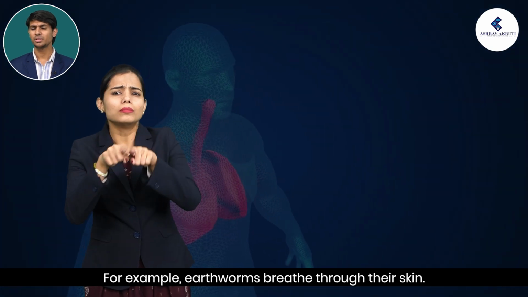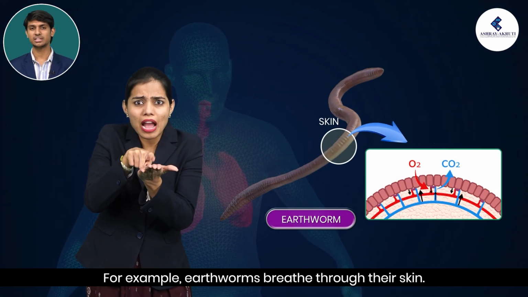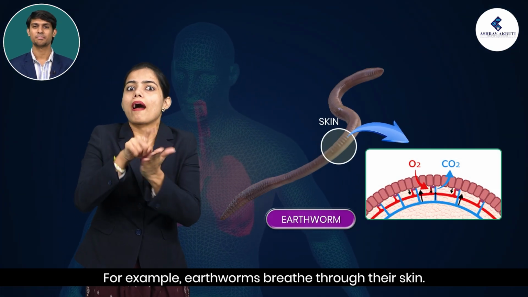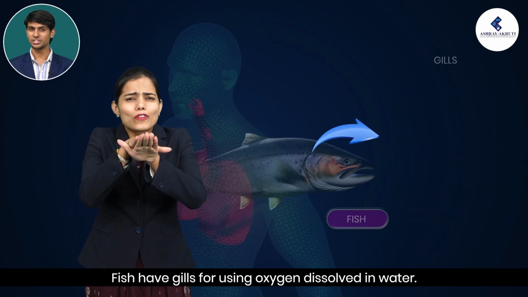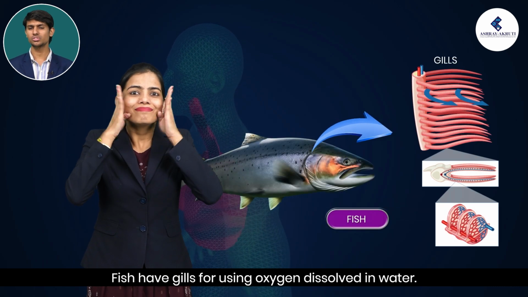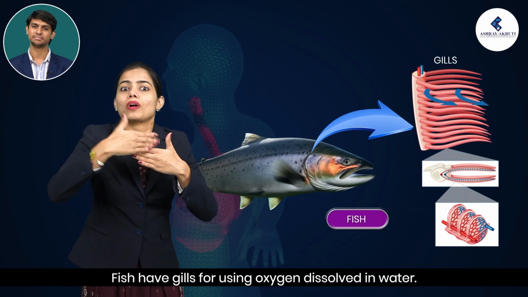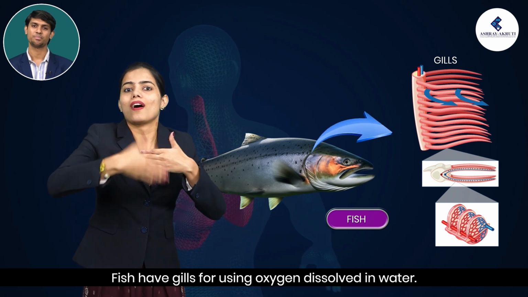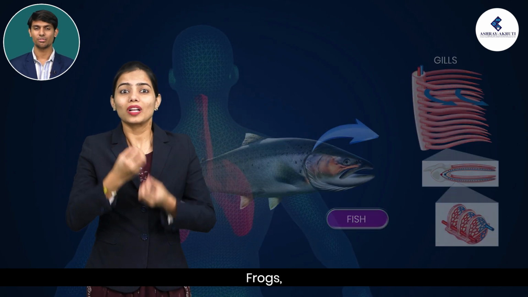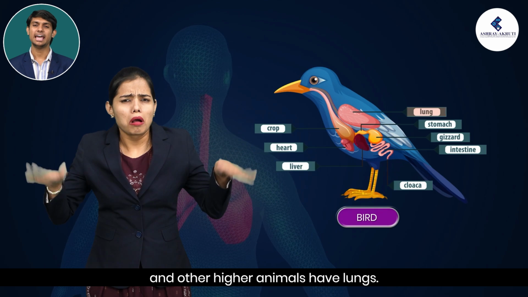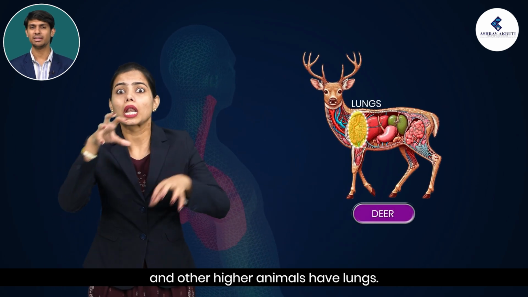For example, earthworms breathe through their skin. Fish have gills for using oxygen dissolved in water. Frogs, birds, and other higher animals have lungs.